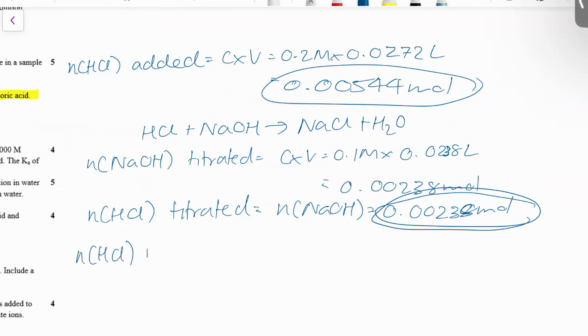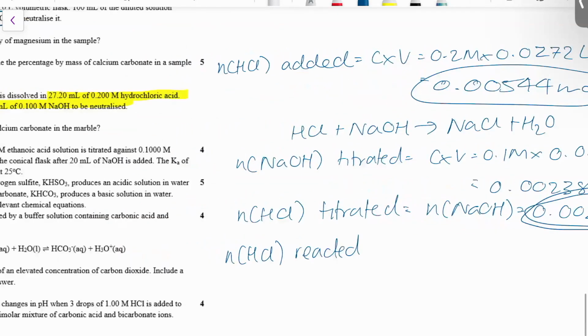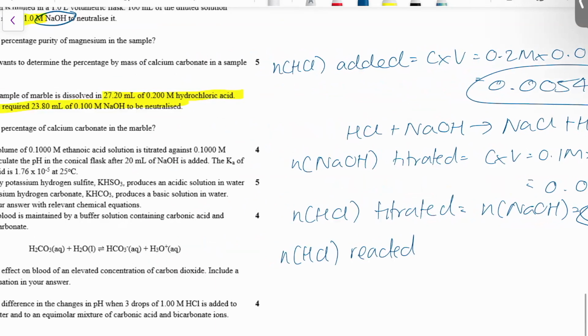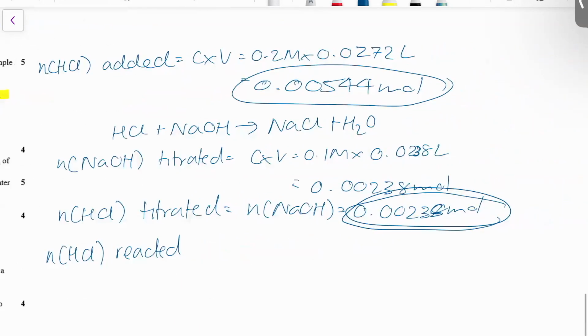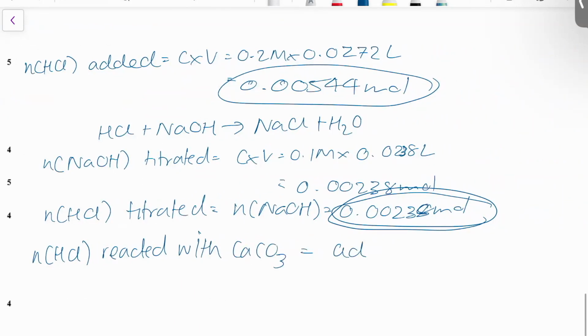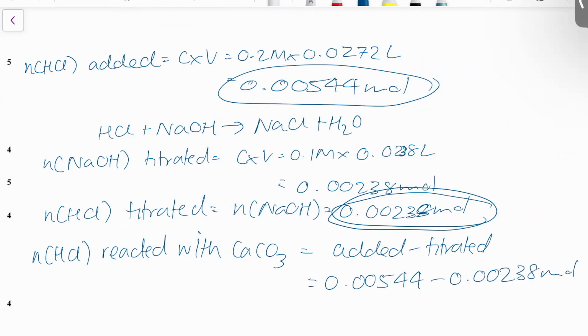Moles of HCl reacted with my original sample. The original sample contained my calcium carbonate. Calcium carbonate is added minus titrated: 0.00544 minus 0.00238 moles.